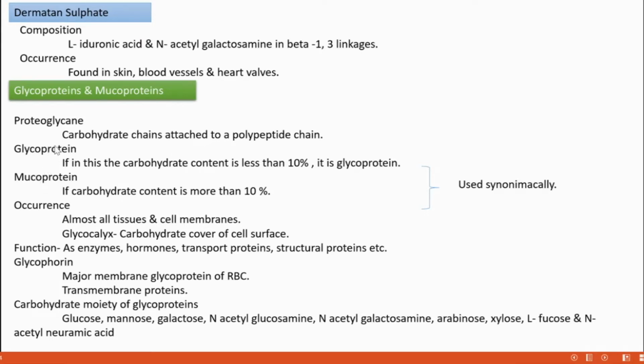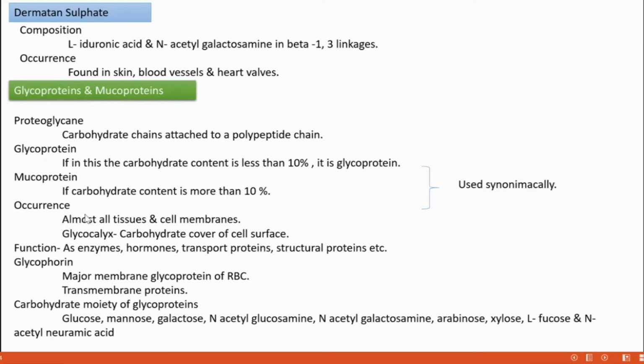If the carbohydrate amount is less than 10 percent, we call that proteoglycan a glycoprotein. If the carbohydrate content is more than 10%, we call it a mucoprotein. So somewhat they are synonyms, the same thing with different names.